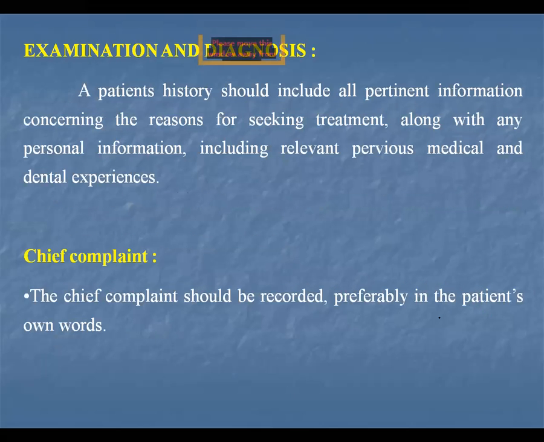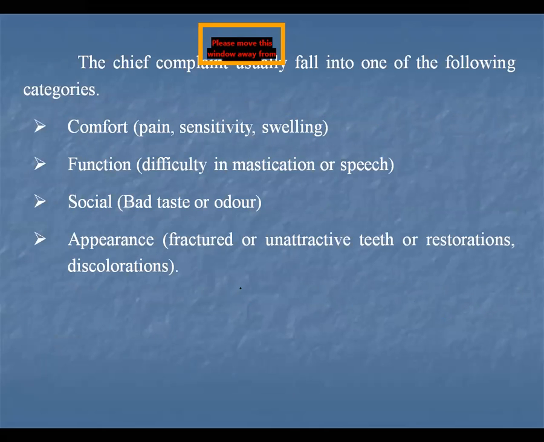So for the basic examination and diagnosis, we first start with the chief complaint. When you record your chief complaint, make sure that you are recording it preferably in the patient's own words. The chief complaint should include the following categories. The first one is comfort. It can again be divided into three categories. The first one is pain, sensitivity, and swelling.